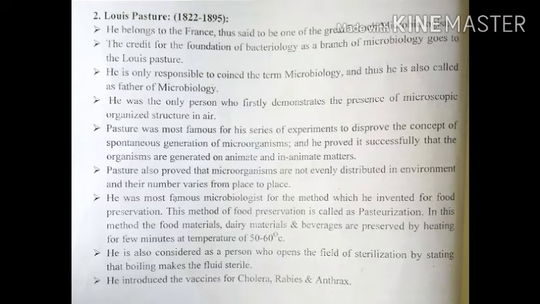Several microbiologists were thinking that microorganisms are generated themselves, their growth is spontaneous, but Louis Pasteur proved that microorganisms don't grow spontaneously, but they require a certain kind of host body for multiplication and cultivation. Pasteur also proved that microorganisms are not evenly distributed in environment and their number varies from place to place.